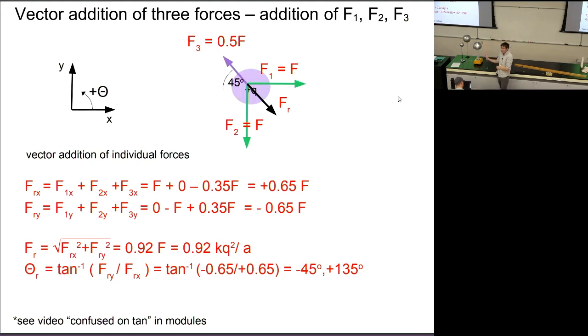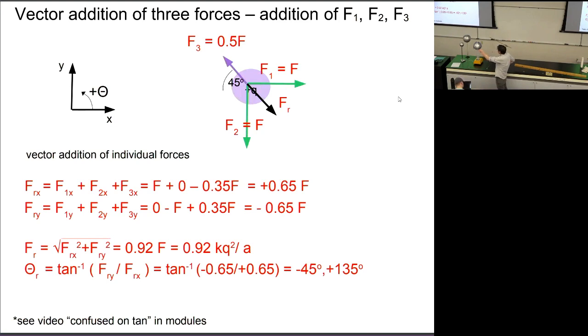Now, generally, when we think about the resulting force, we might want it not in x and y component form. We want it in the language of magnitude and direction. That's where I use Pythagoras' theorem and inverse tangent. With those I can find the magnitude and the direction. So here's Pythagoras' theorem.